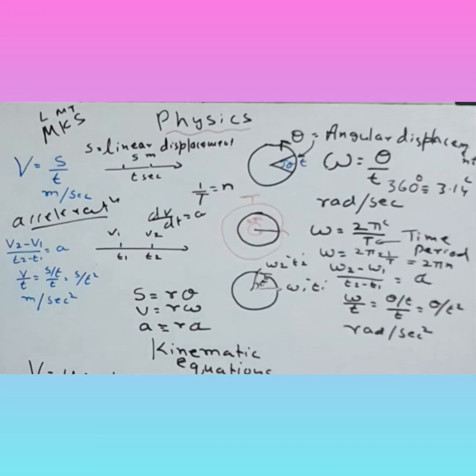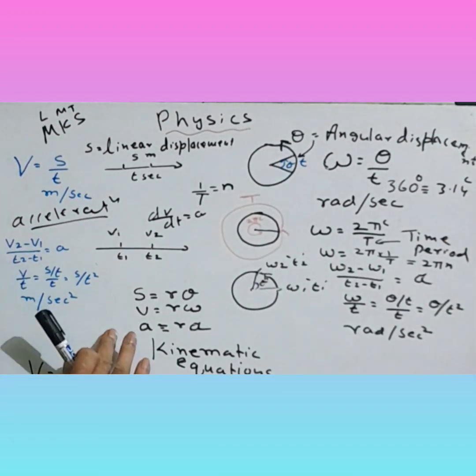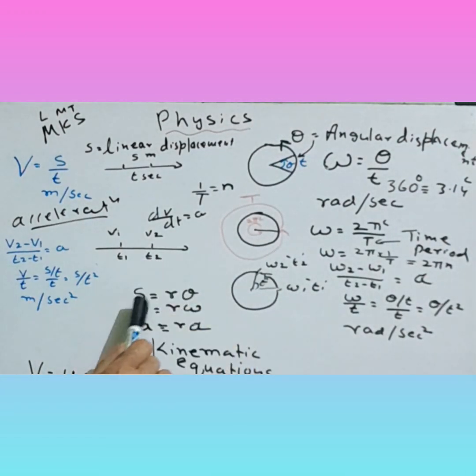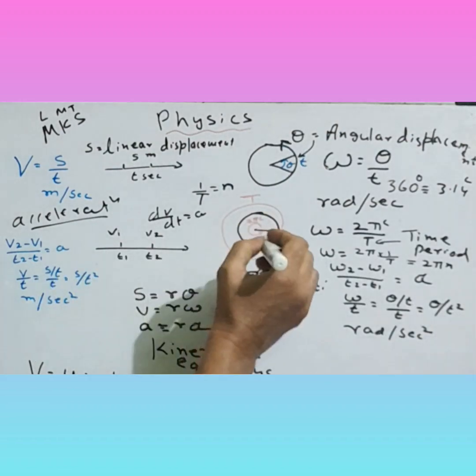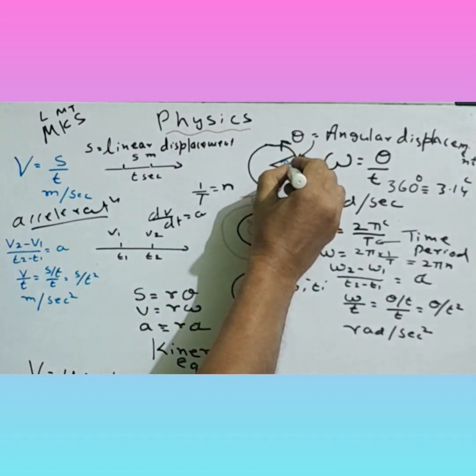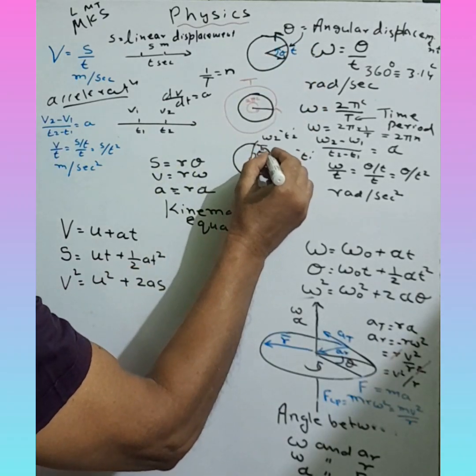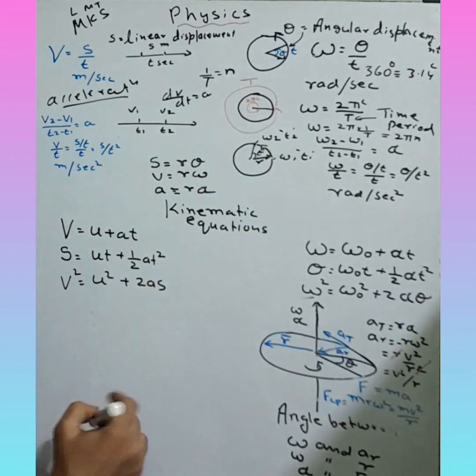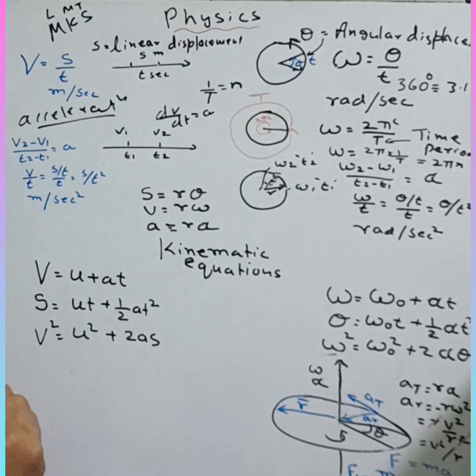Now let us get into the relationship between linear and angular. S is equal to r theta, where r is the radius vector. The radius vector is always pointing from inside to out, as I mentioned over here.